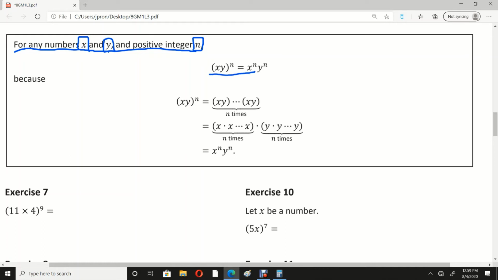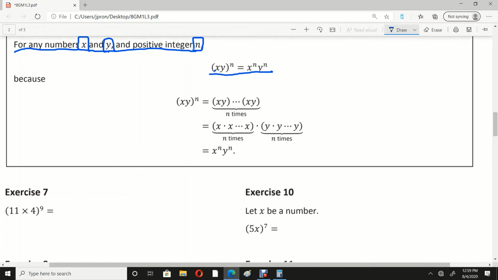And what this statement is saying is that when you have an expression x times y, remember that when the variables or numbers are bumped right up against each other, it's just multiplication. So we're multiplying number x times number y, and then we're raising it to the nth power, some other number, that this is equal to x to the nth times y to the nth.